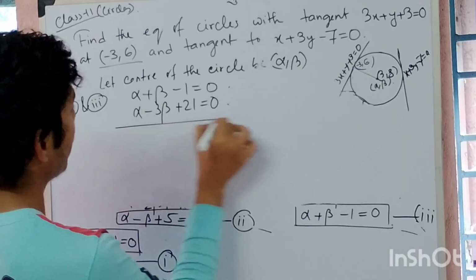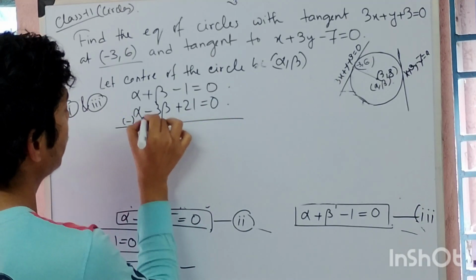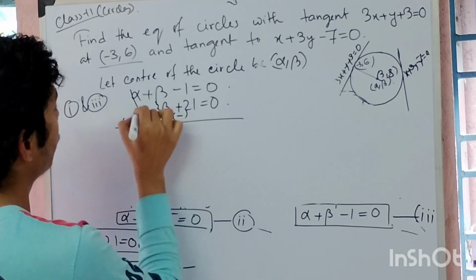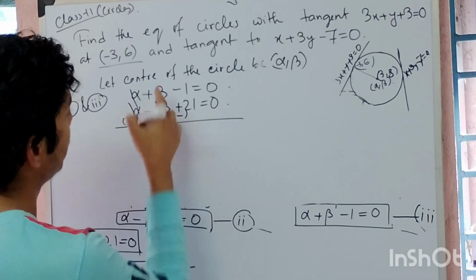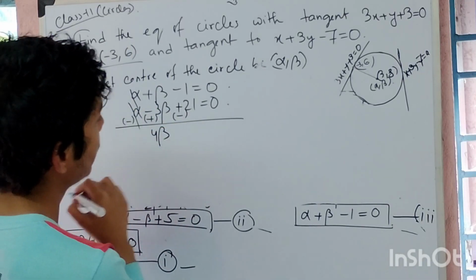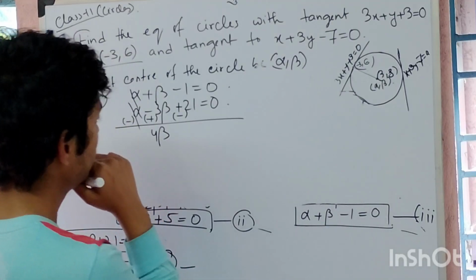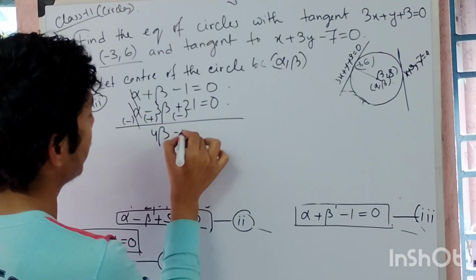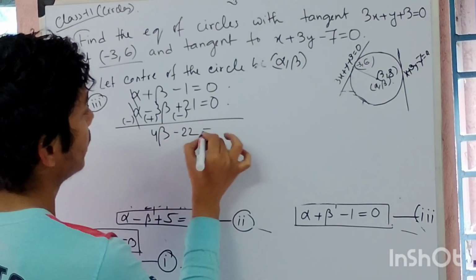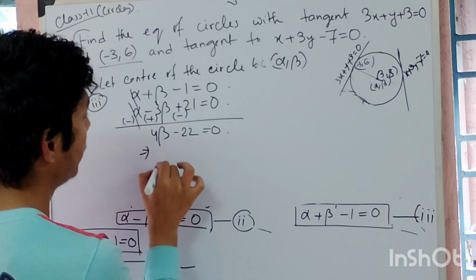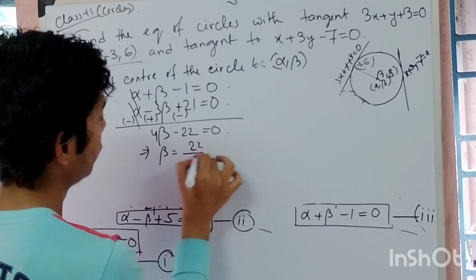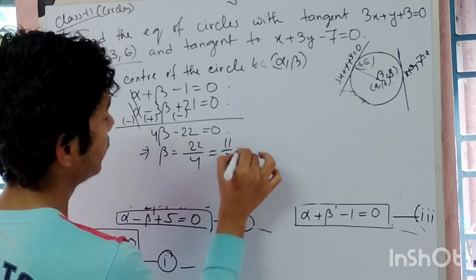Correct. If I subtract these two, alpha minus alpha cancels, and plus 3 beta plus beta means 4 beta. Minus 21 and minus 1 means minus 22, that equals 0. So my beta will be 22 by 4, which means 11 by 2.